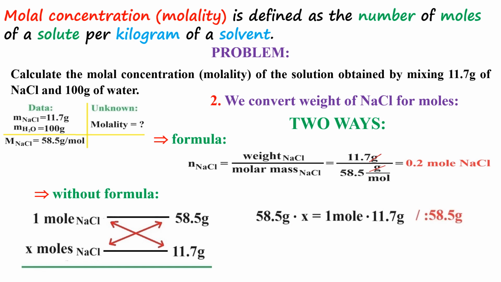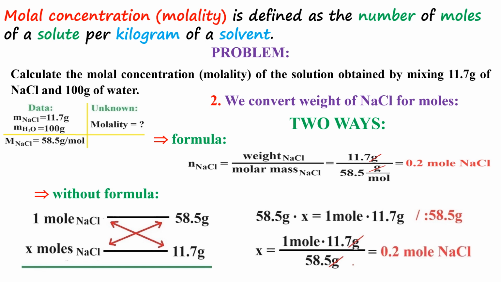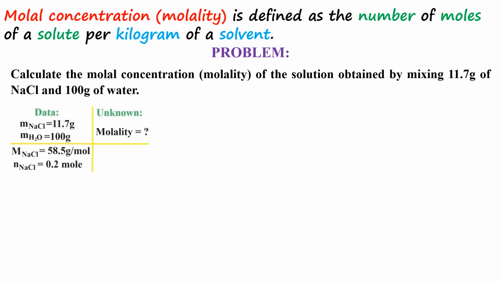To solve for x, we need to divide both sides by 58.5 grams. So it follows that x equals 1 mole times 11.7 grams over 58.5 grams. You can see that the grams cancel out here and we get the result in moles. So x equals 0.2 mole of sodium chloride. I will write down the number of moles of the sodium chloride under the problem data.